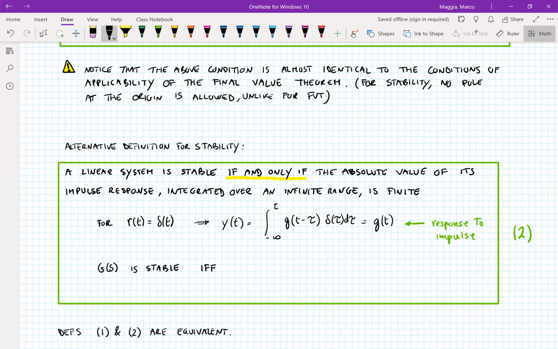So for an impulsive input, the output is equal to the transfer function even in the time domain. So g of t represents the response to an impulse.